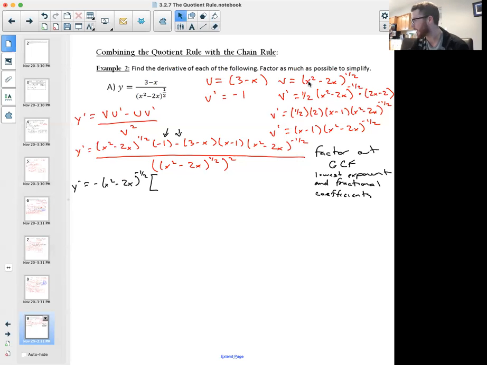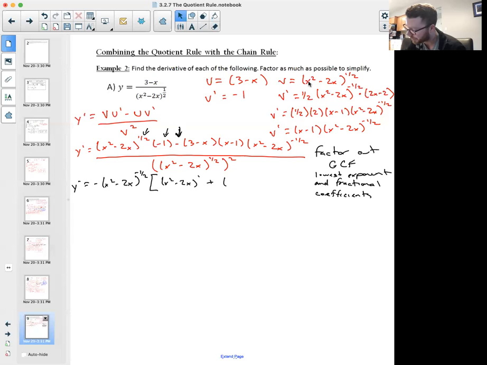Okay, so if I take that out of the first term, I will be left with x squared minus 2x to the 1, right? Because if I'm subtracting a -1/2 exponent from this exponent right here, which used to be positive, that will make that a 1 exponent on there, okay? Because I factored out the negative, this negative here again will become positive.